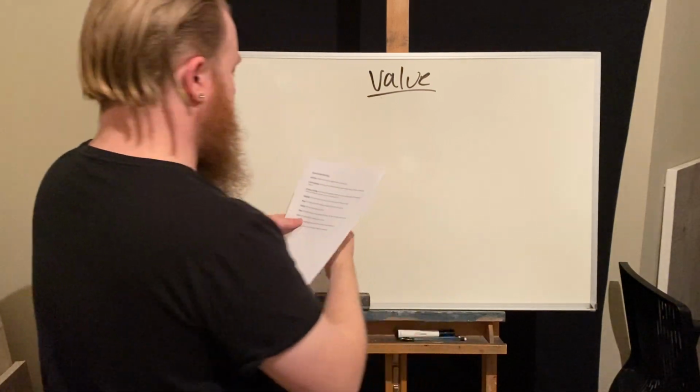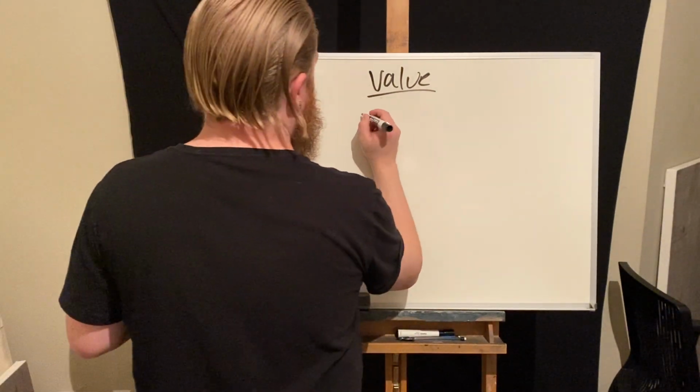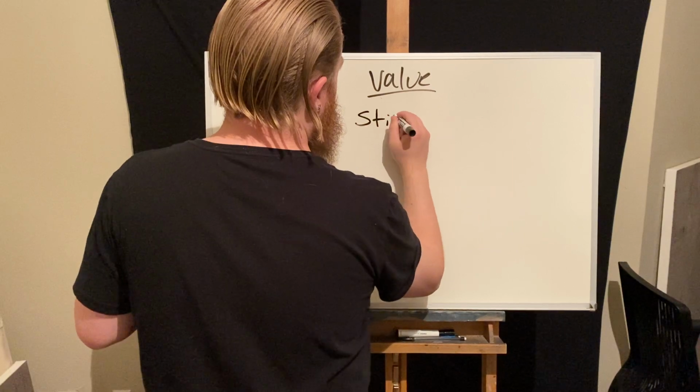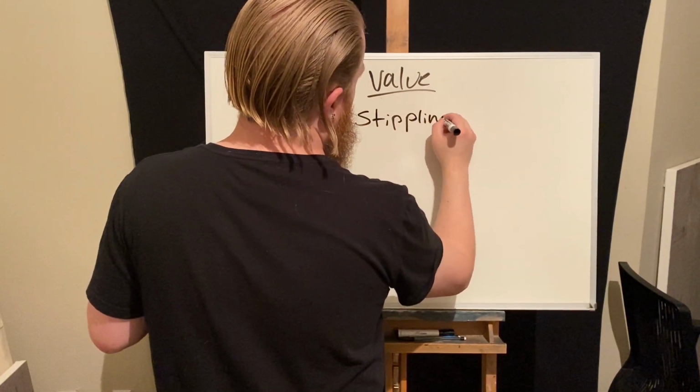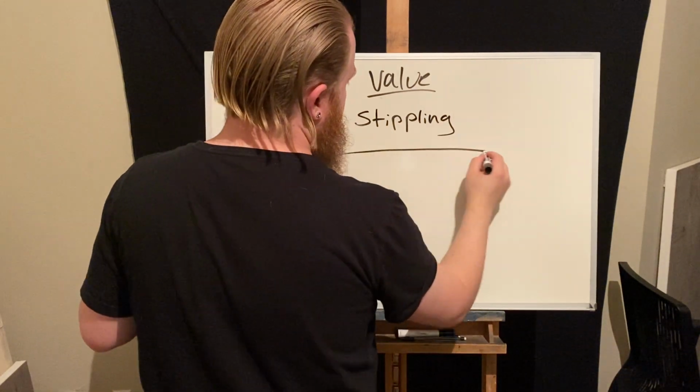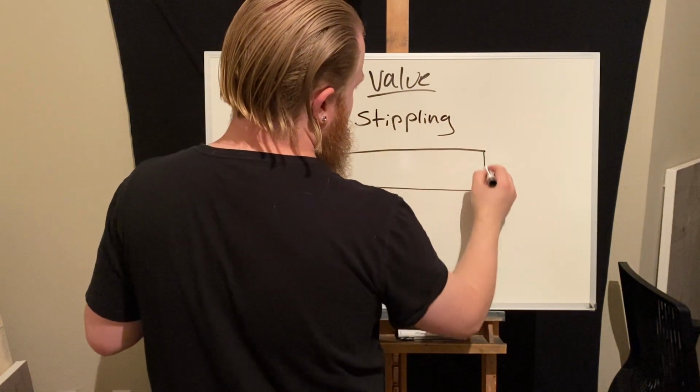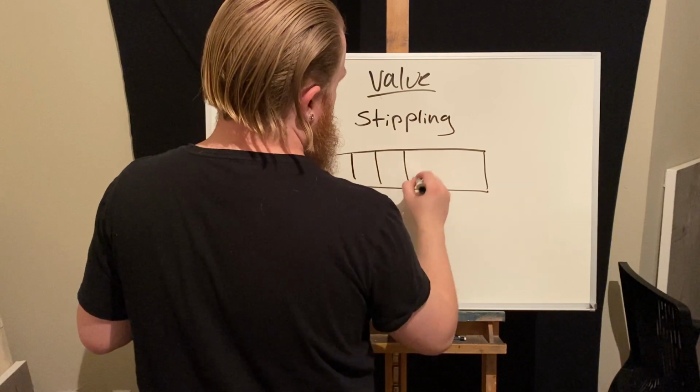Now, as opposed to contour hatching, we also have what's known as stippling. And this is where we create the illusion of value through the massing of little dots.